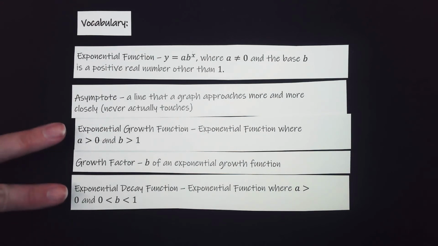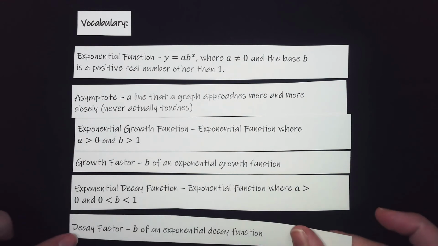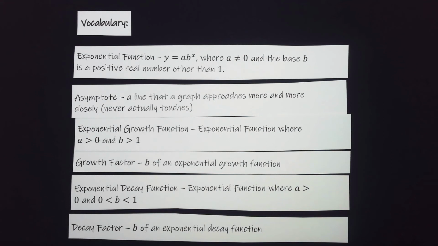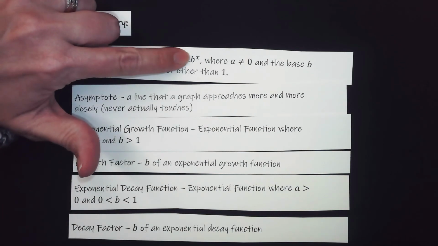You can kind of think of growth and decay as our stretch and shrink, the same rules. If it's greater than 1, it gets bigger, so it'd be growth. And if it's between 0 and 1, it got smaller, which was decay. Okay, and that decay factor is just the b. So if we go back to these functions, the growth and decay is just dealing with whatever's taken to the x power, that base of b.